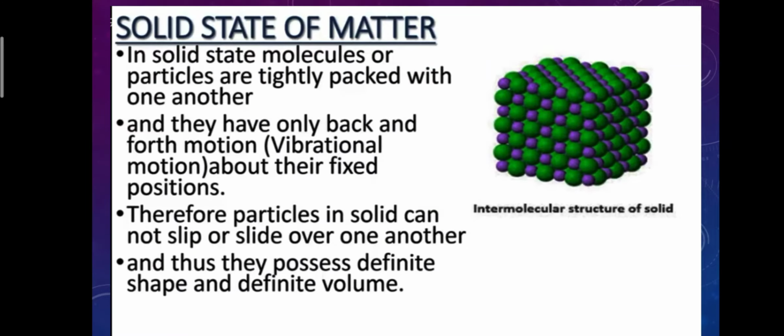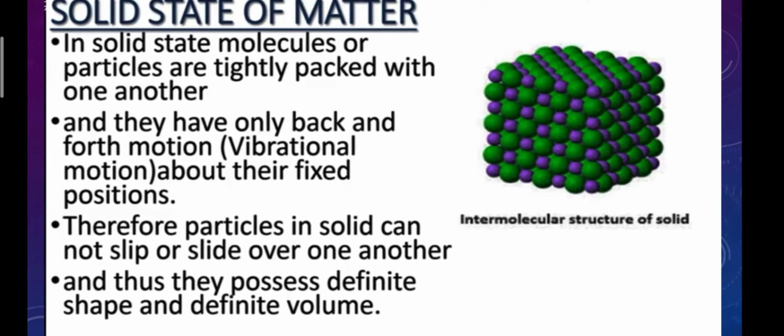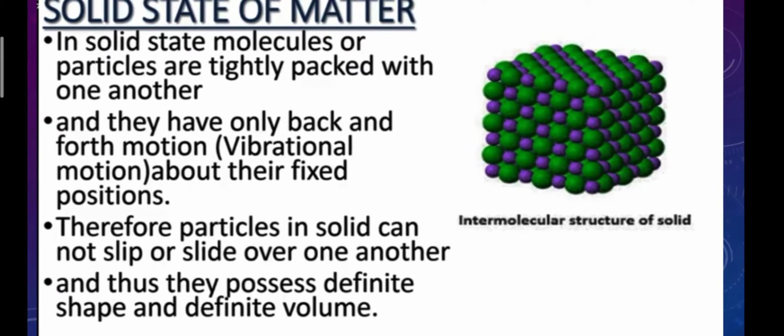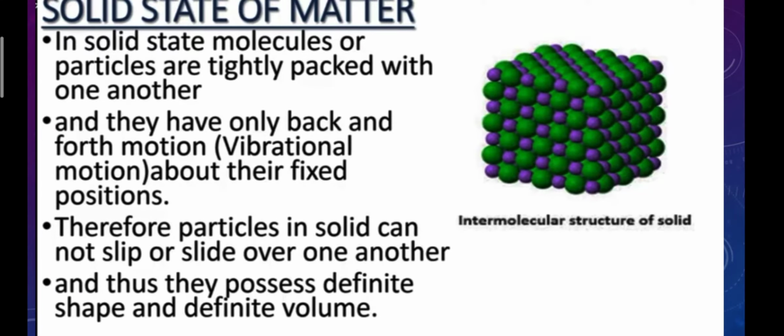Now, solid state of matter. In solid state, molecules or particles are tightly packed with one another, and they have only back and forth motion, that is vibrational motion, about their fixed positions.